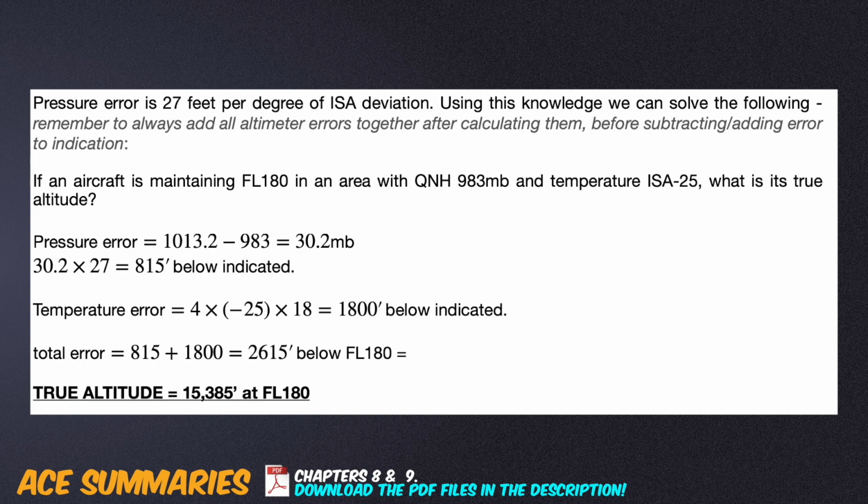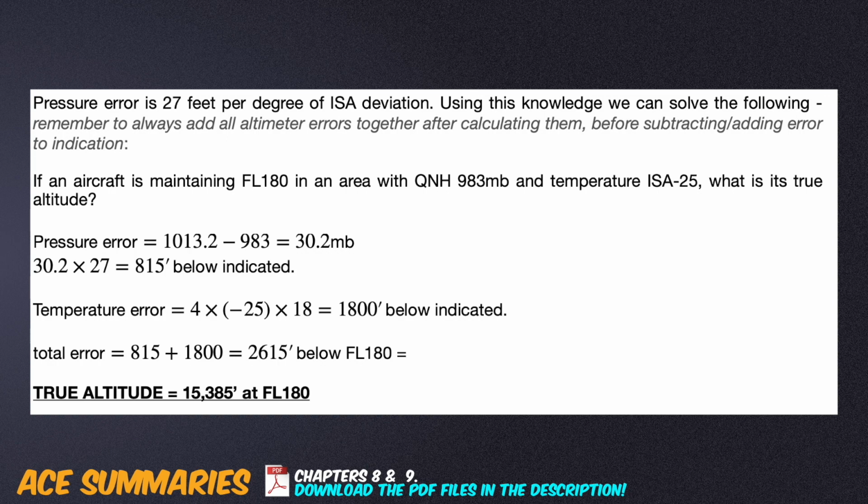Pressure error is 27 feet per degree of ISA deviation. Using this knowledge, we can solve the following. Note, remember to always add all altimeter errors together after calculating them before subtracting or adding error to indication.